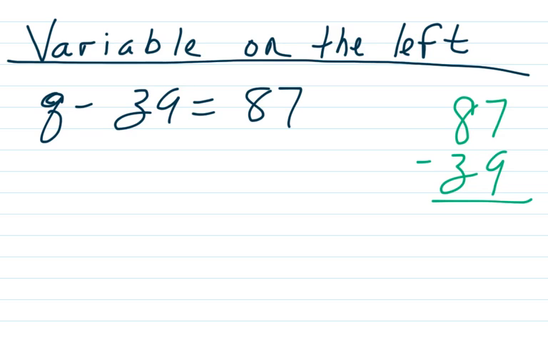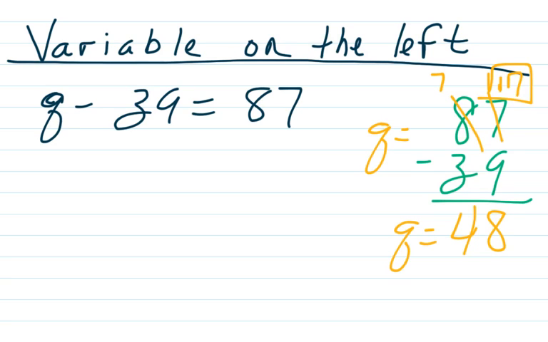So let me go through and regroup. I always try to regroup first before I start subtracting. Okay, now I can continue. So this is 8. 7 minus 3 is 4. So now I'm saying that Q equals 48.